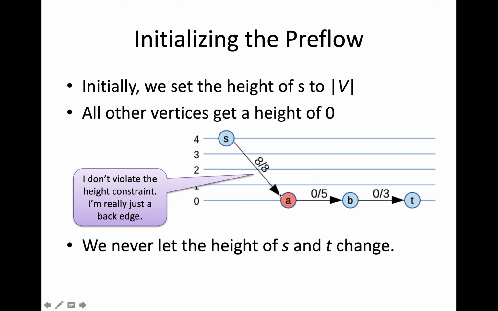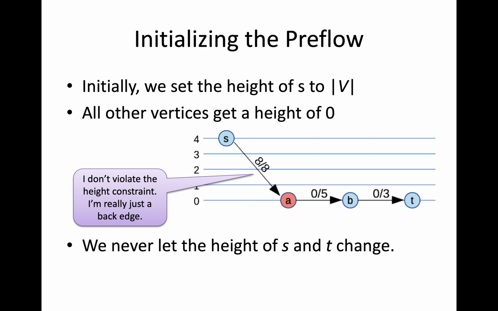So I think we're okay here, because again, there's not really an edge from S to A in the residual graph. All of that edge's capacity has been used for now. Over here, these two edges are staying the same height, so they satisfy our rules for the height. I started to say how you initialize the height, and I think it's down at the bottom of the slide.